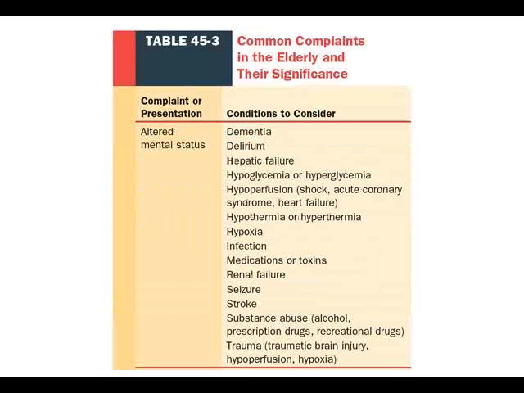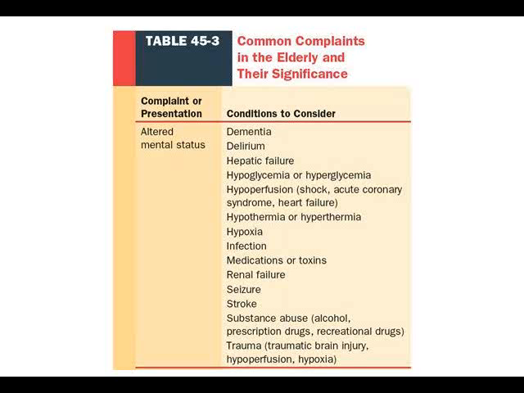Dementia and delirium. Remember, dementia is a chronic long-term problem. Delirium is a kind of new, quick-onset thing where maybe they were fine yesterday, but now today they're 8 shades of crazy. Renal failure, or hepatic failure, sorry. Liver failure. Renal failure is further down.